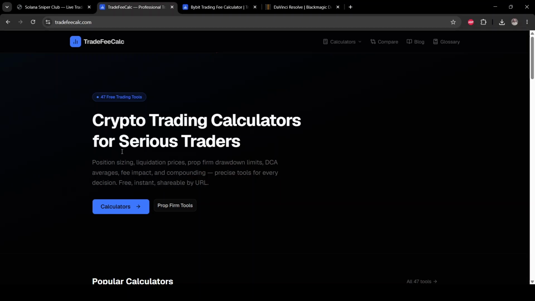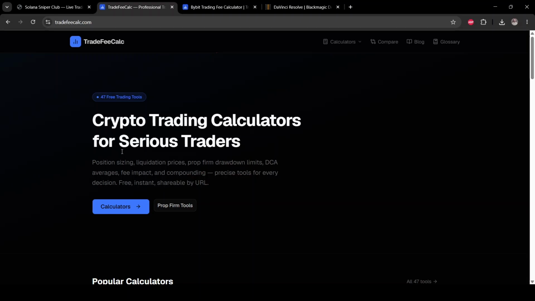For example, on Bybit the taker fee is 0.055%. That's what you pay on a market order. But if the bot enters on a limit order, it pays the maker fee instead of the taker, and the maker is cheaper. It's 0.02%. The exit is almost always a taker fill. So on the exit, whether it's a TP or a stop loss, you pay the 0.055%.